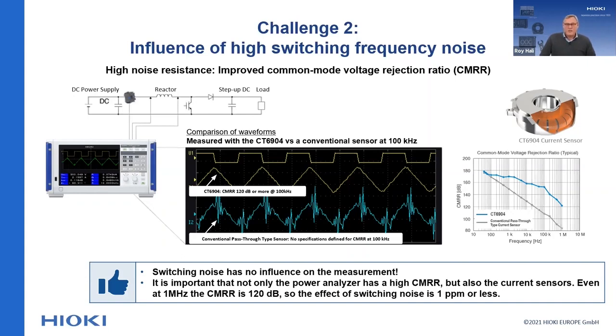The 120 dB is equal to only 1 ppm interference of switching noise at a frequency of 1 MHz. This example shows that it's not enough to use a power analyzer with a high common mode voltage rejection ratio. The current sensor that you use should also have an excellent common mode rejection ratio.